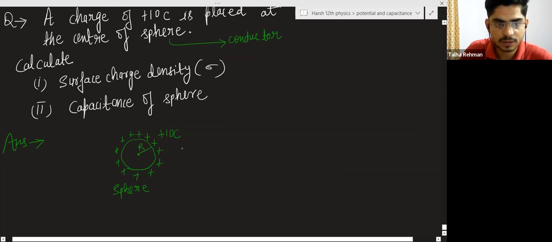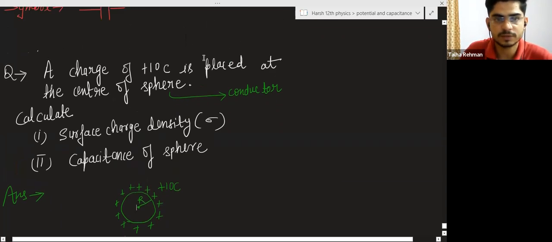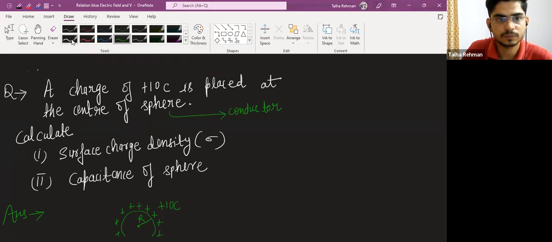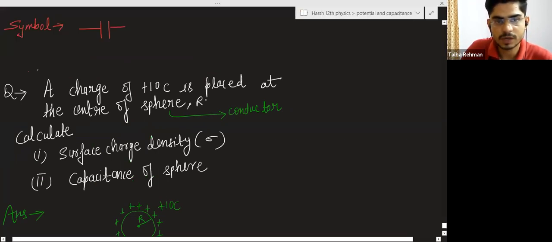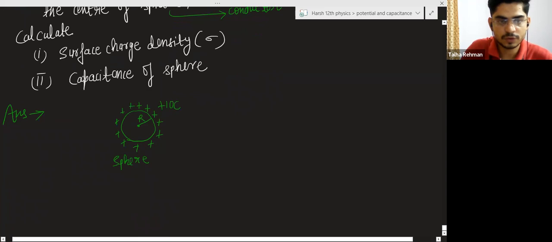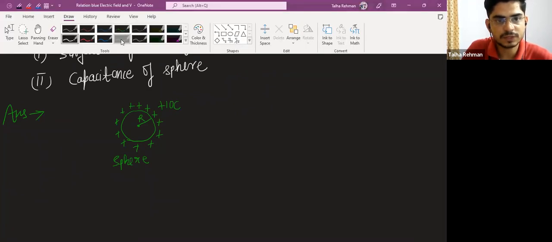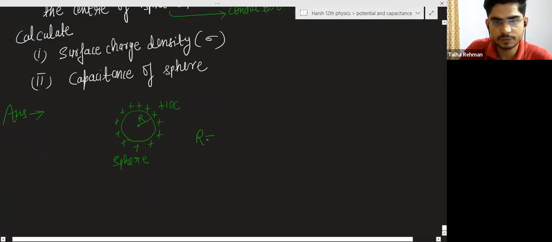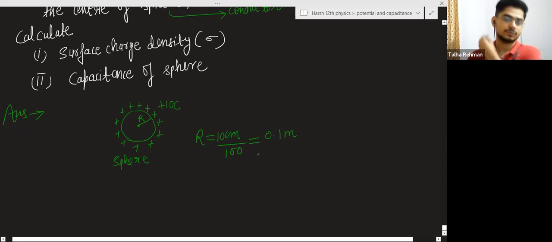This is r, and in the question it is given r is equal to 10 centimeter. So first convert r into meter: 10 centimeter divided by 100 becomes 0.1 meter.